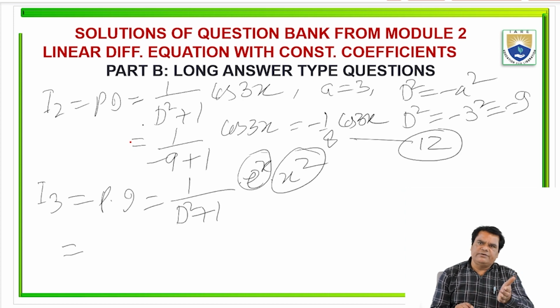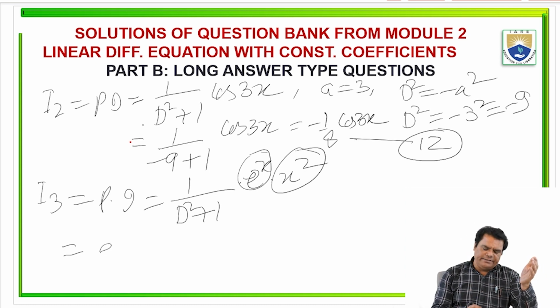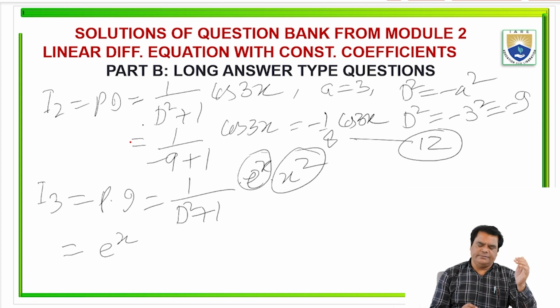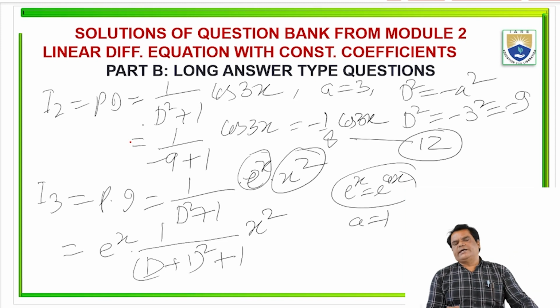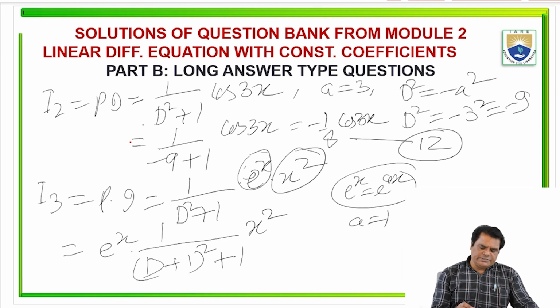First is the exponential function e to the power x, the other is the algebraic function. So taking the exponential function to the left side of the whole PI and putting D equal to D plus a, where a is 1, comparing e to the power x with e to the power ax. So here we get (D plus 1) whole square plus 1. Only the single function x square is there, and we take this to the right side.